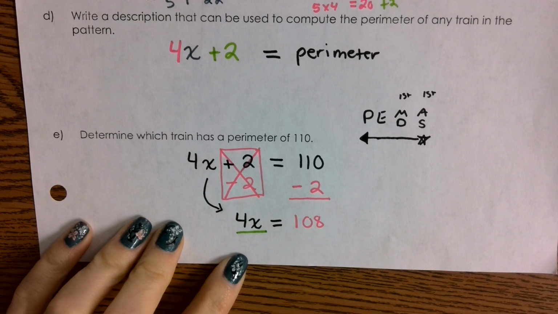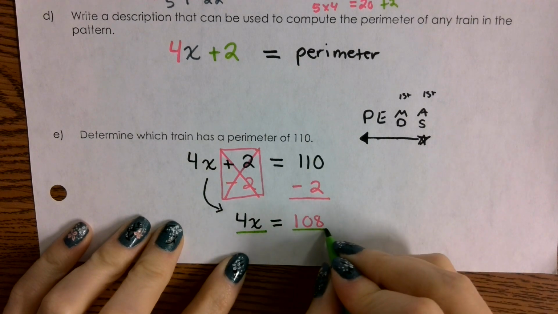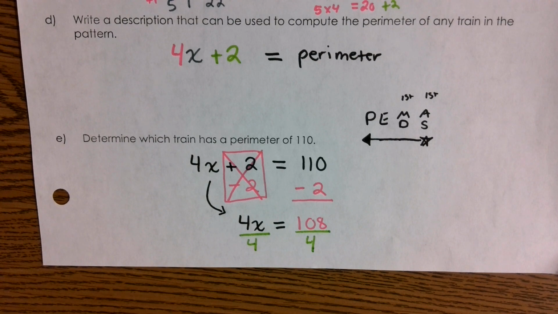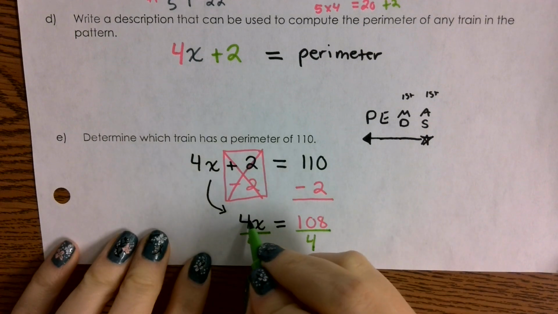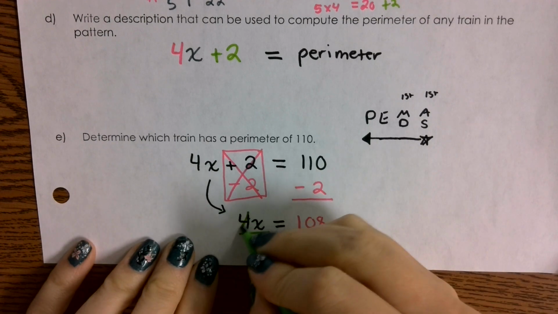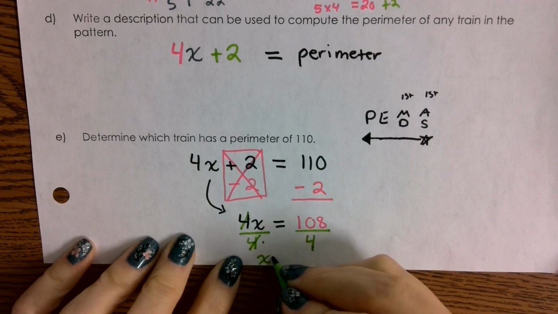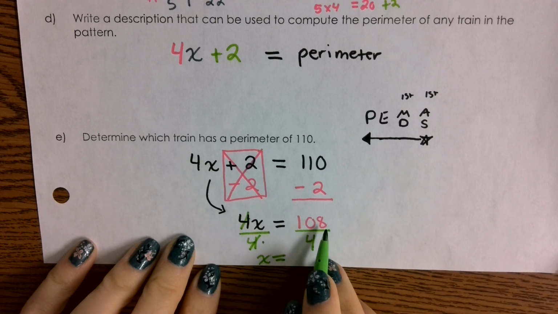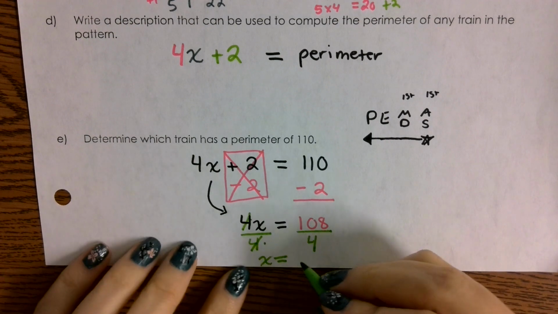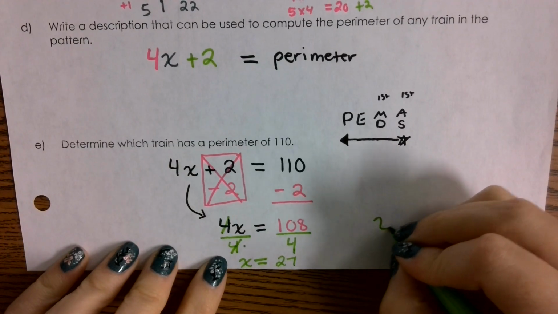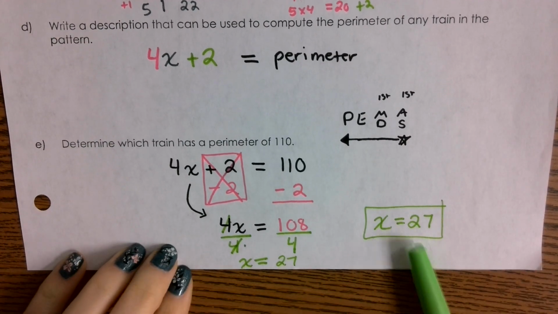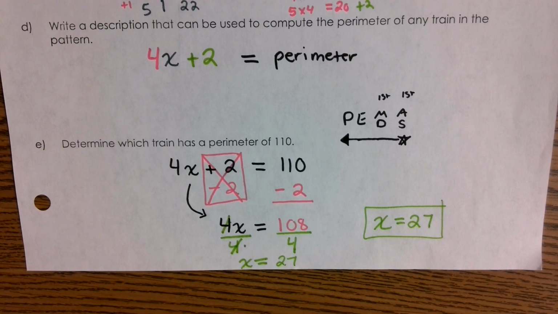So we're going to divide both sides by 4. If I do 4 divided by 4, that comes out to 1. That means I have a 1 for my coefficient, so x is by itself. And if I do 108 divided by 4, I get what? 27. So that means train 27 is going to give me a perimeter of 110.